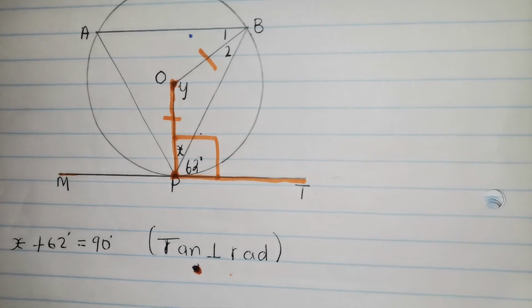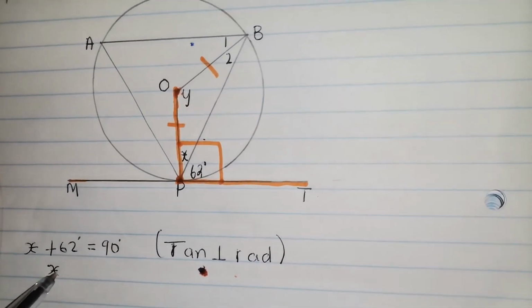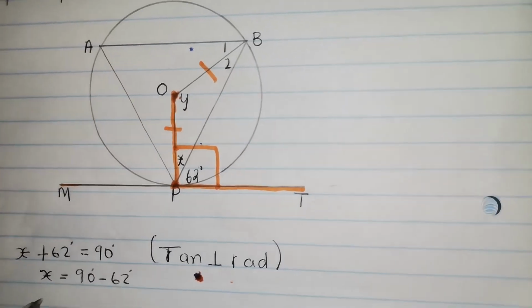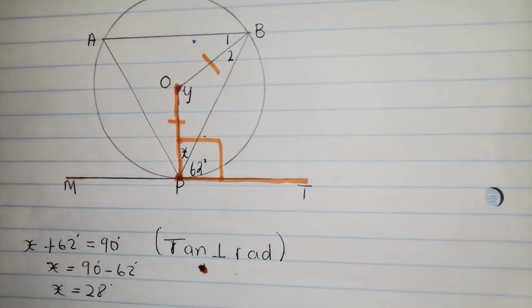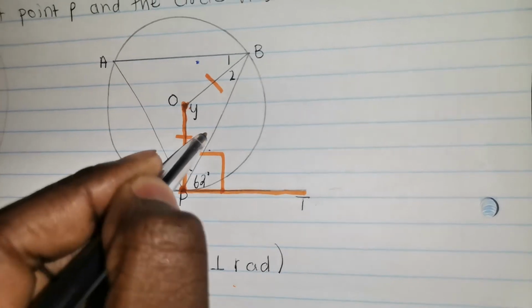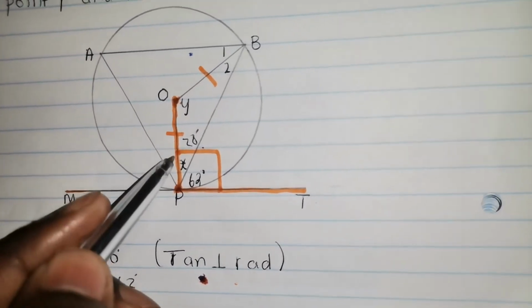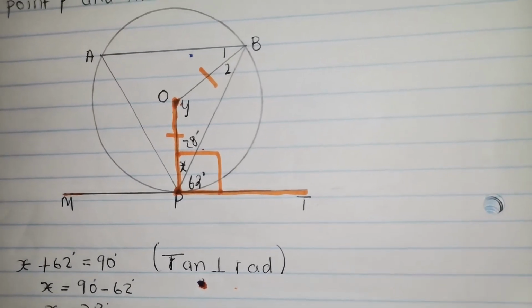We're going to say x is equal to 90 minus 62. Then x is equal to 28. This is the value of x, 28 here. I hope you clearly understand this question.